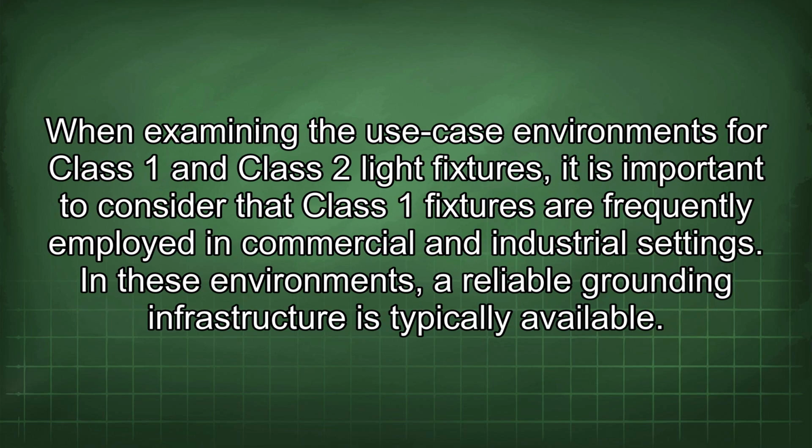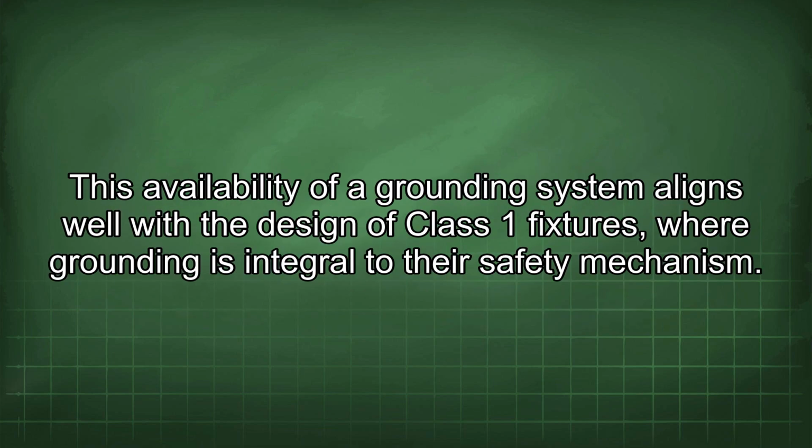When examining the use case environments for Class 1 and Class 2 light fixtures, it is important to consider that Class 1 fixtures are frequently employed in commercial and industrial settings. In these environments, a reliable grounding infrastructure is typically available. This availability of a grounding system aligns well with the design of Class 1 fixtures, where grounding is integral to their safety mechanism.